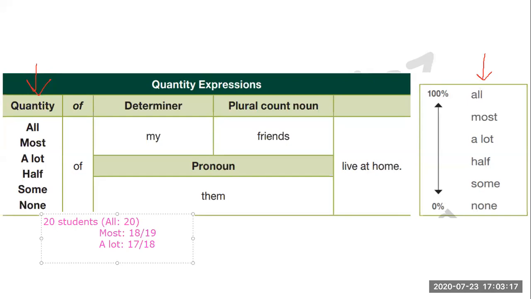If I say half, how many students is half? 10 students, okay. If I say some students, maybe 7 or 8, 6, 7, 8, something like that, right? If I say none, how many students? Zero. Exactly, 0.